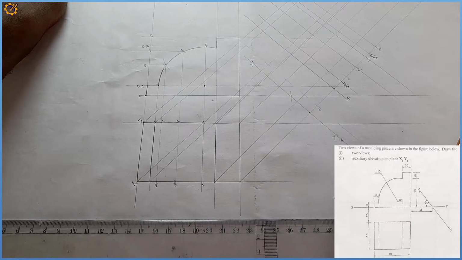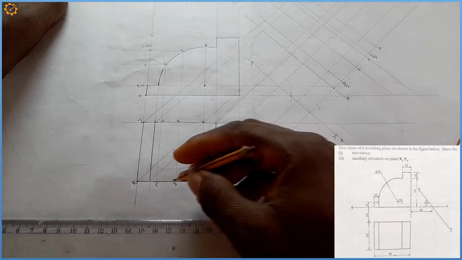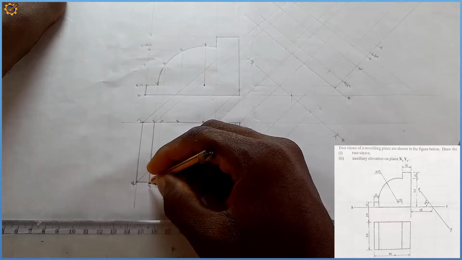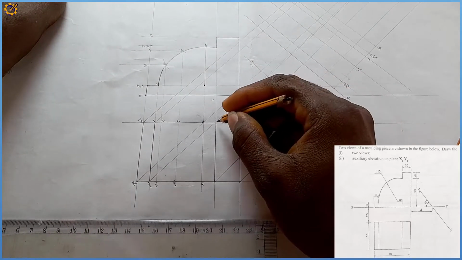This area is mark 1, this area is 1 complement, JK.